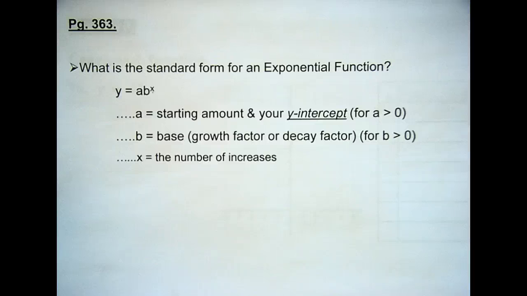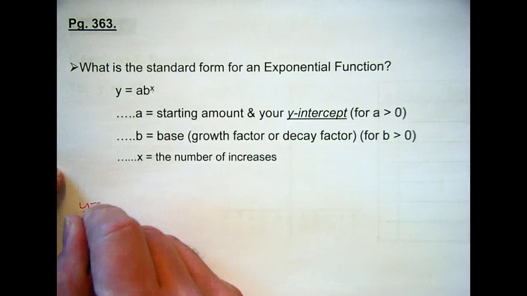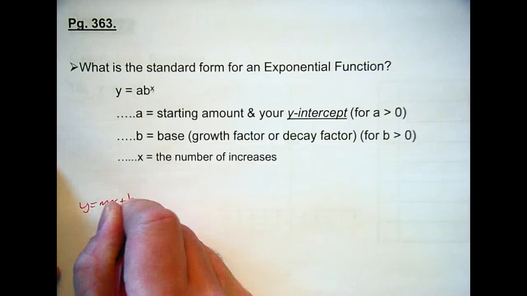So one of the ways to categorize the different things you learn in algebra is to think of the different patterns. We have the linear, y equals mx plus b. We have quadratic, y equals ax squared plus bx plus c. In all of those, we had different pictures.